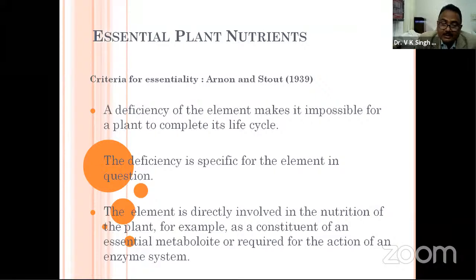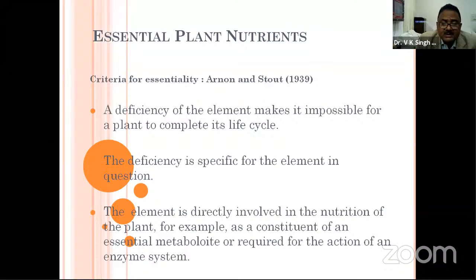Then the second criterion is that the deficiency is specific to a particular nutrient or element. It means if one nutrient is deficient and you apply another one, that will not supplement it. Once you apply that particular nutrient, only then will you be able to eliminate that deficiency. And the third one is that these elements are directly involved in the nutrition of the plant. For example, they are constituents of essential metabolites or required for action in enzymic systems.